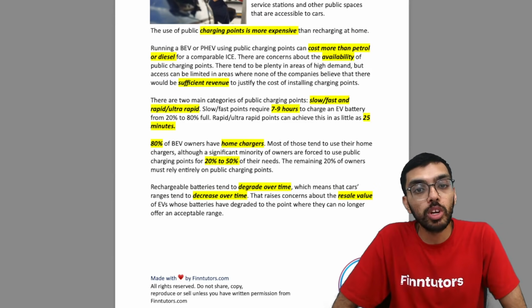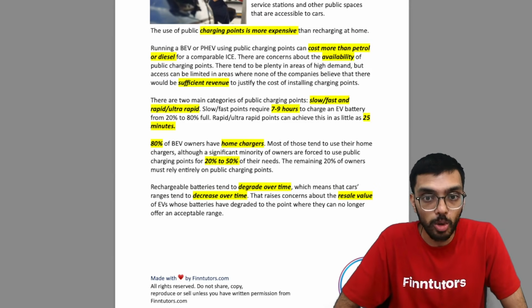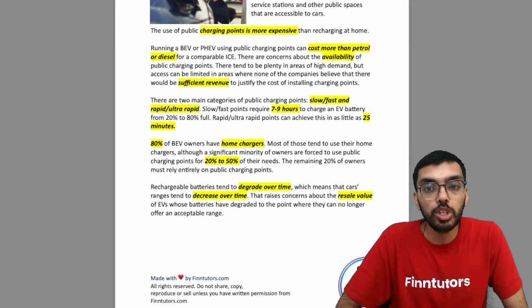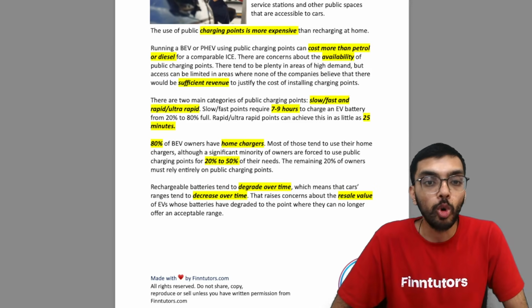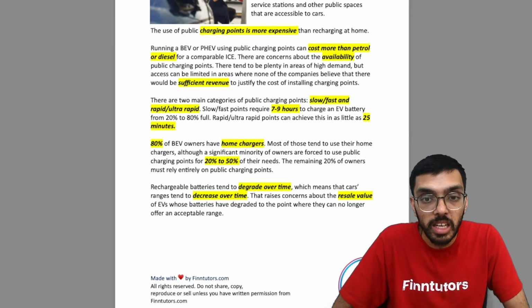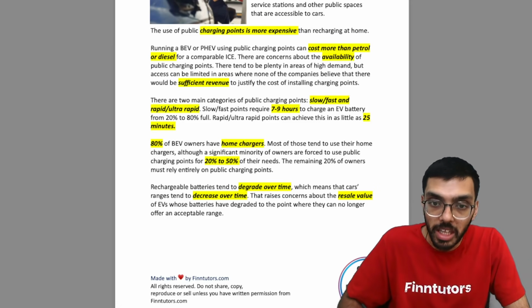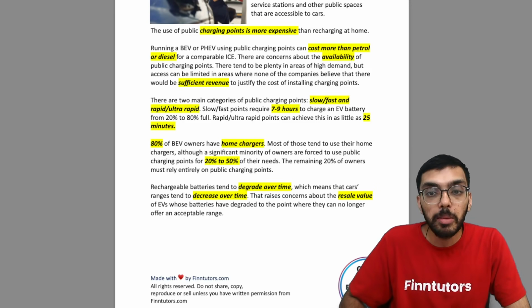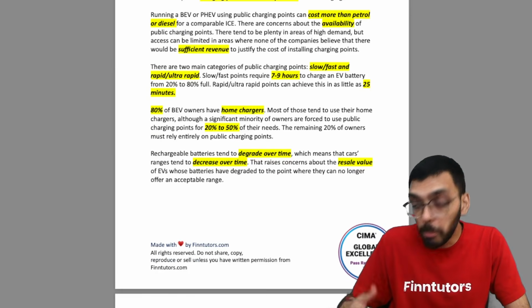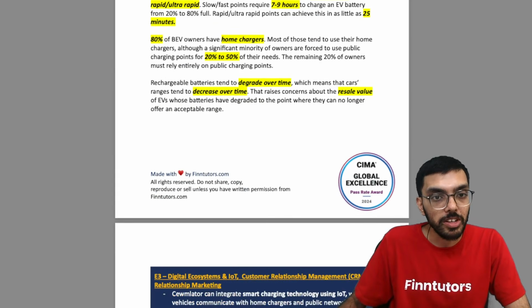80% of BEV owners have home chargers because obviously that's going to be cheaper. Most of those tend to use their home chargers, although a significant minority of owners are forced to use public charging points for 20 to 50% of their needs. The remaining 20% of owners completely rely on public charging points.